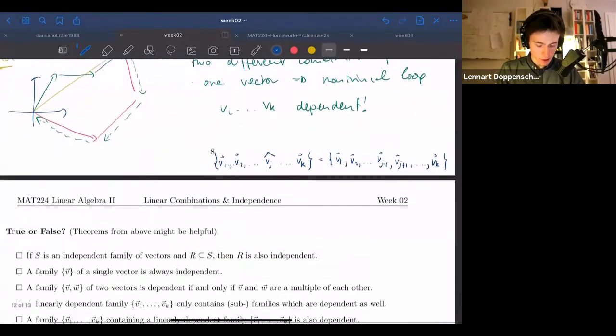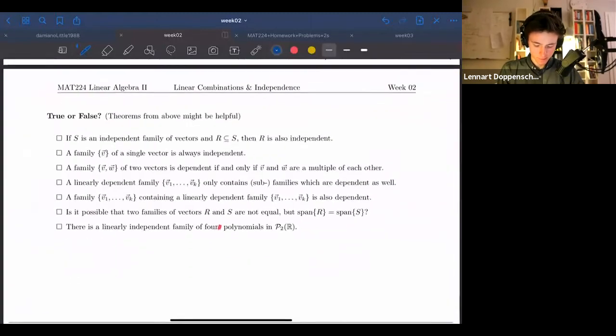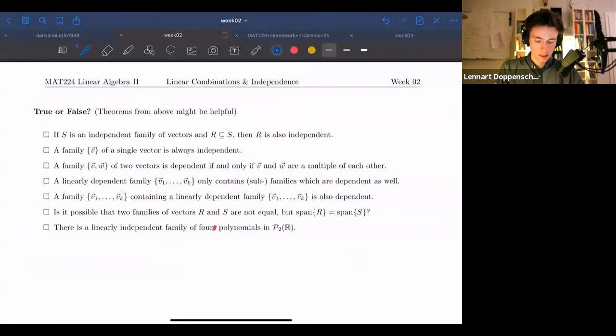Okay, let's go with these true or false questions. I'll give you 2 minutes to look at these. Don't go over all of them, if it's too much. Just look at some of them and pick your favorite one, and then answer it later. Hopefully for every question, some student has an answer.